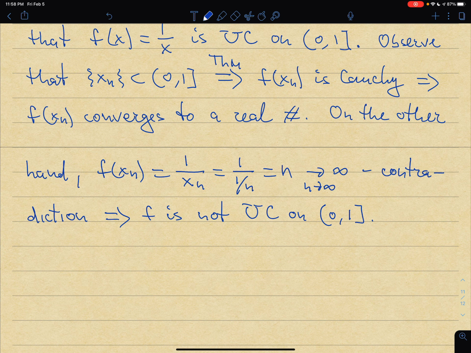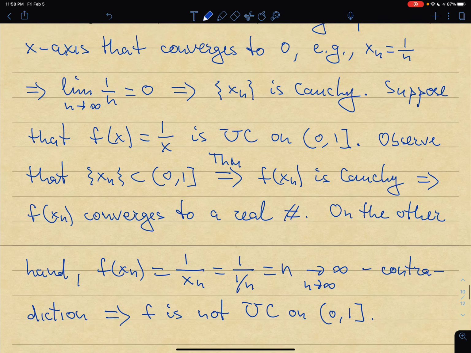So in particular, I cannot prove that a function is not uniformly continuous by using this theorem, because the theorem is not an if and only if statement. Continuous on a closed bounded interval means uniformly continuous, but uniformly continuous does not mean that the function should be continuous on a closed and bounded interval.